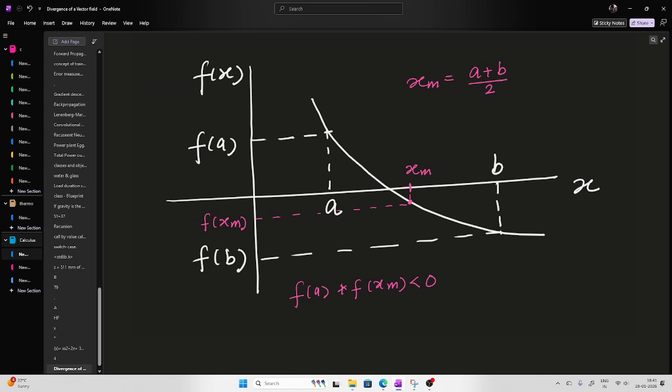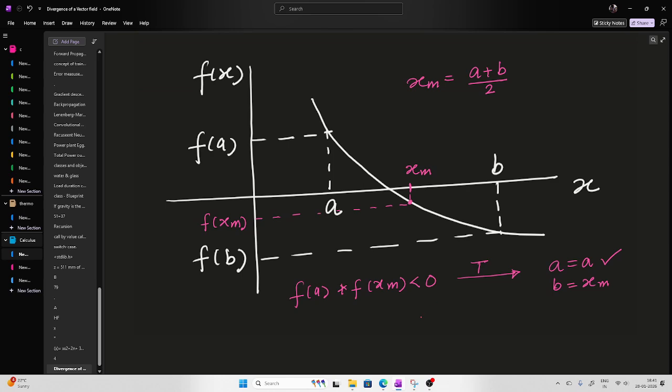So if this is true, our a will remain the same, no problem, but our b will now become xm. So b will now be replaced by xm.